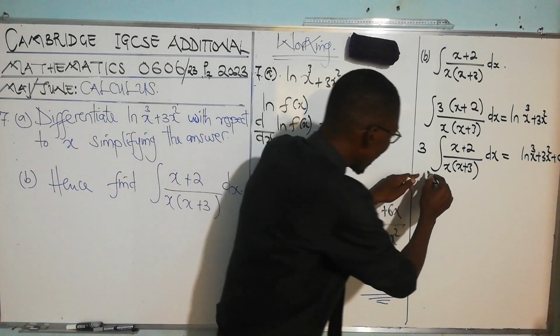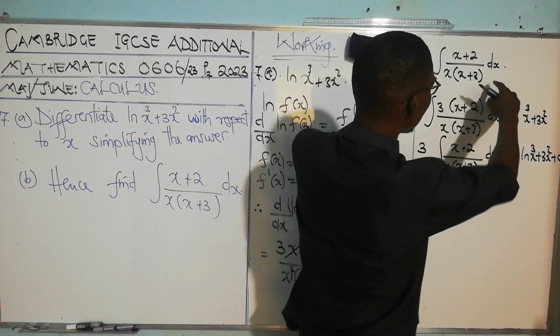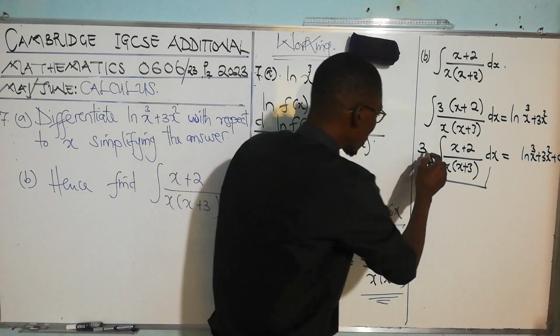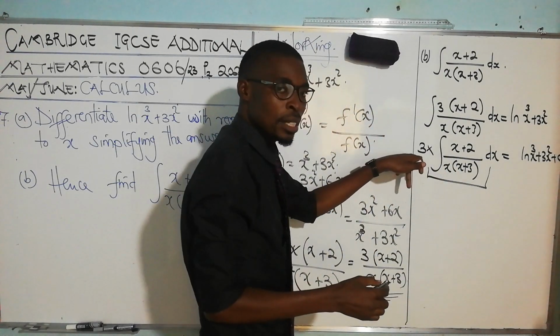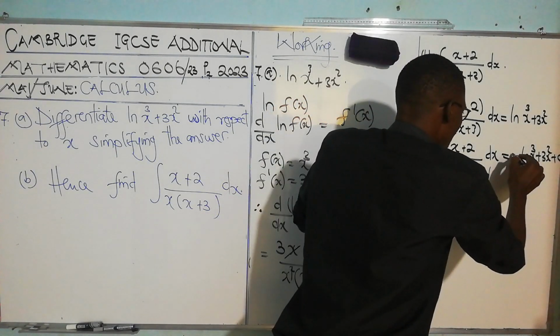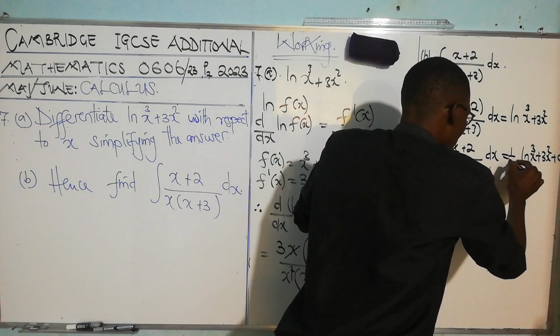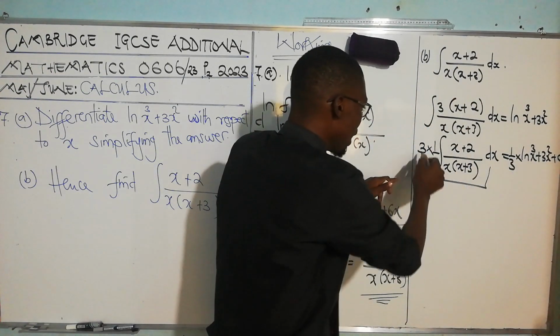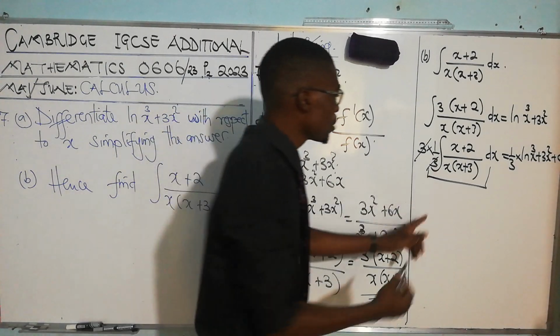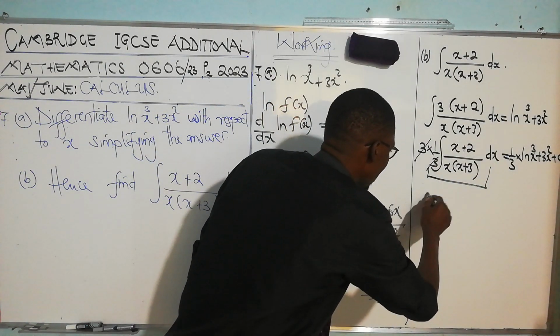Now, this integral I have here is what is being asked. Don't you think that if we multiply both sides by the multiplicative inverse of 3, which is 1 over 3, then this 3 and this 3 will divide each other, and we just remain with what we are exactly asked to integrate.